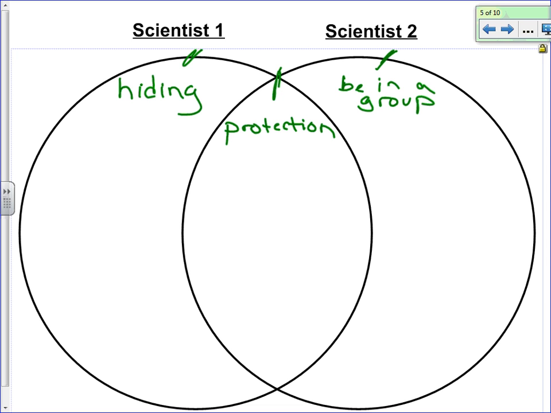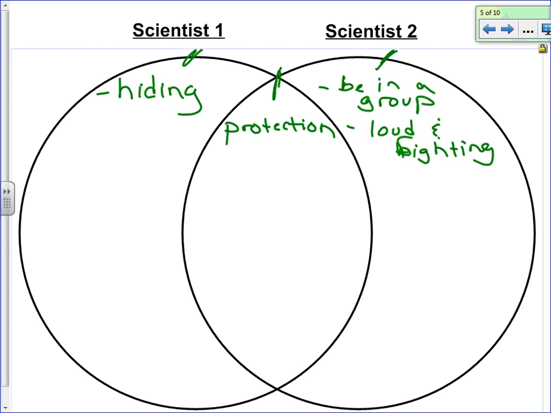If I use the phrase, they're loud and noisy, which scientist would that go with? Scientist 2. They're loud and they're fighting all the time. What if we talked about when they travel? Not nighttime, but... Excellent.